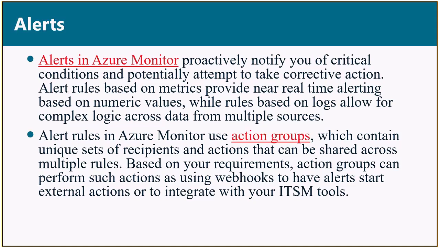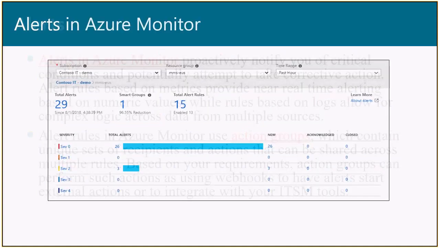Alert rules in Azure Monitor use action groups, which contain unique sets of recipients and actions that can be shared across multiple rules. So it depends on what you're trying to capture. An action group can perform actions such as using webhooks to have alerts start external actions or to integrate with your ITSM tool. So there's a lot of good stuff that we're going to do.